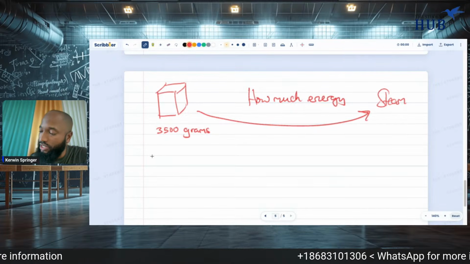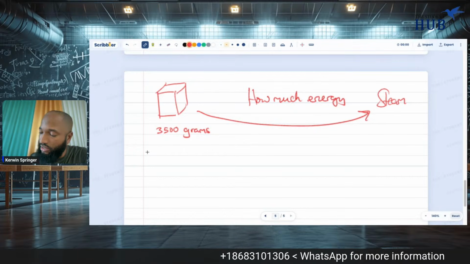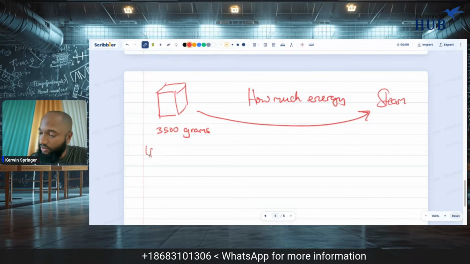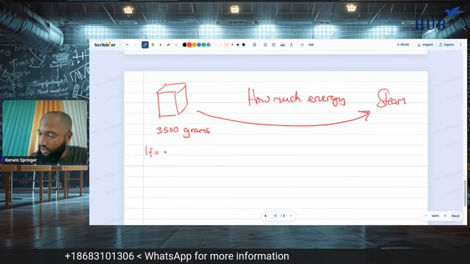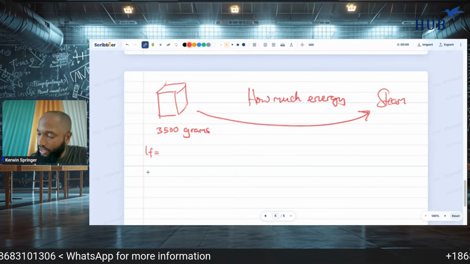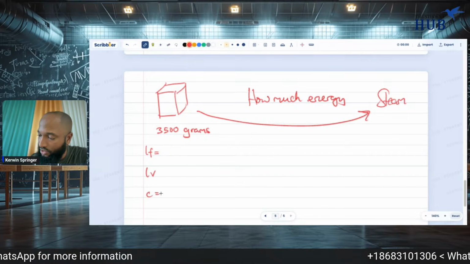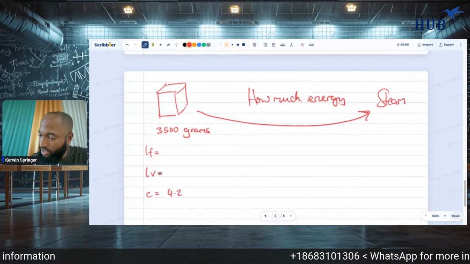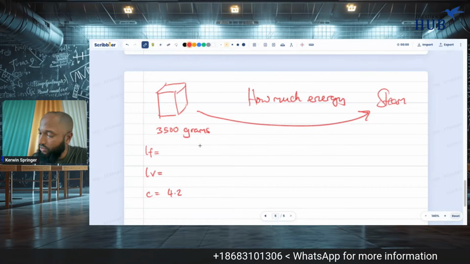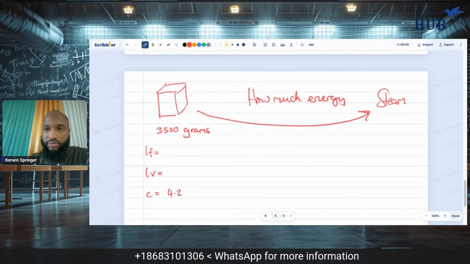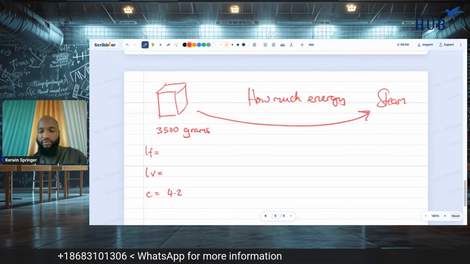And they give you these constants. LF, what was the LF? LV, and C is 4.2. Let's go find them.